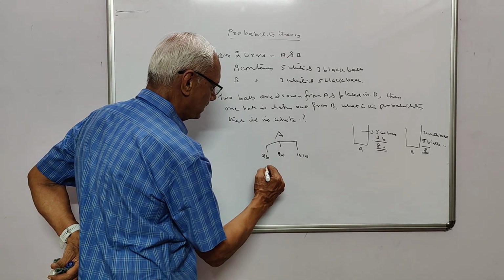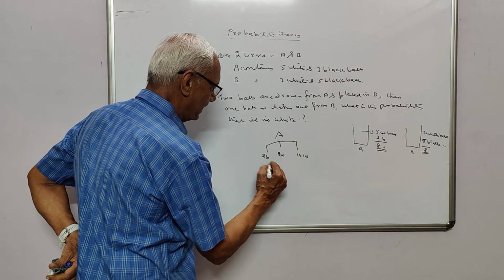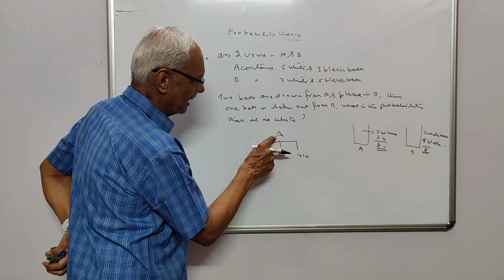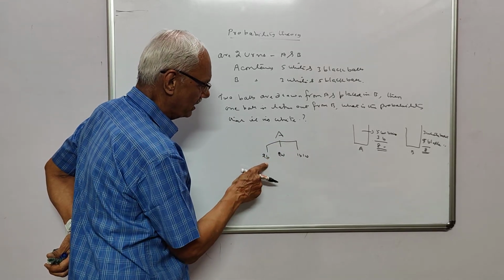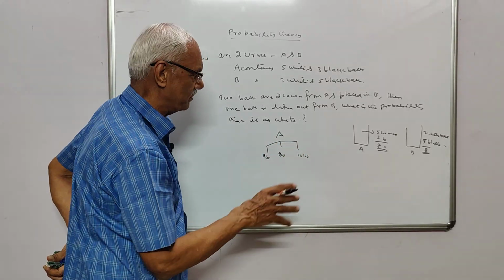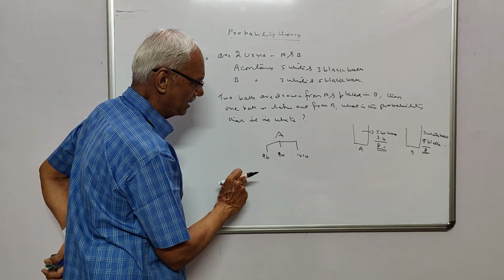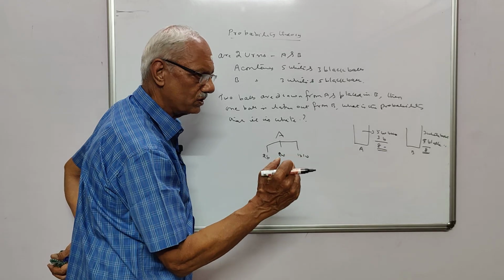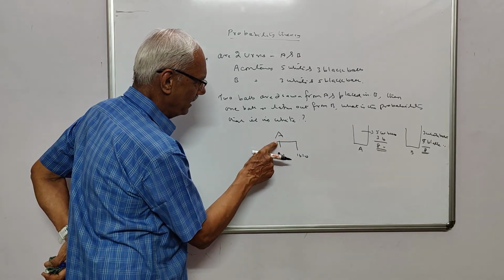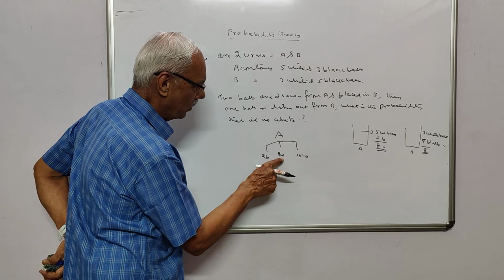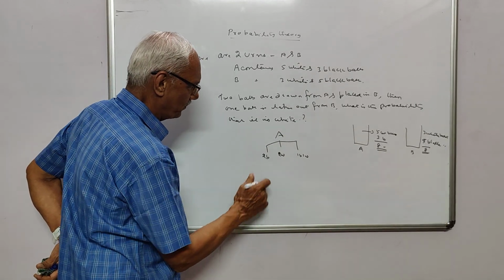Pictorially I will explain how this is happening. This urn A is here, and you take 2 balls out. The possibility is 2 black balls or 2 white balls or 1 black and 1 white ball.